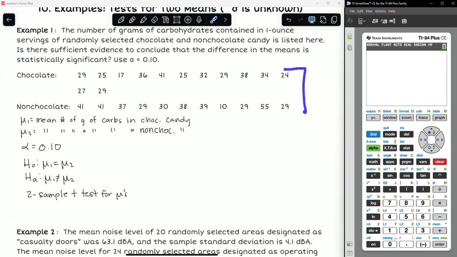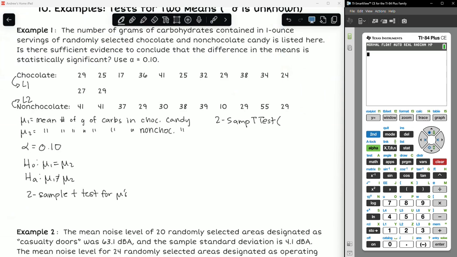Instead, I was strictly given sample data, meaning I'm going to have to figure out the sample means and sample standard deviations on my own, or more likely, since it's 2025, I'm going to have my calculator do it. So I'm going to put chocolate in list 1 and non-chocolate in list 2 on my calculator, and then I am going to call 2-sample t-test.